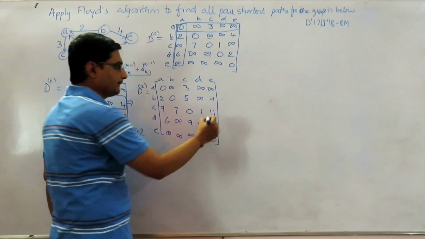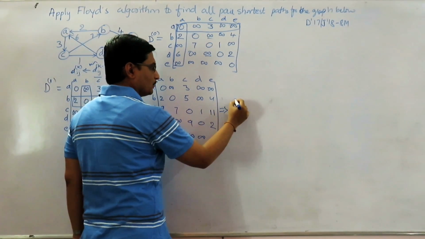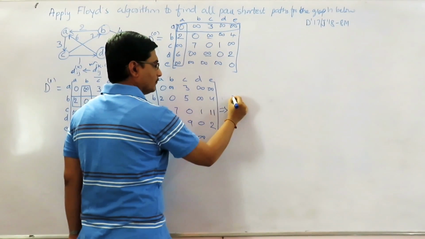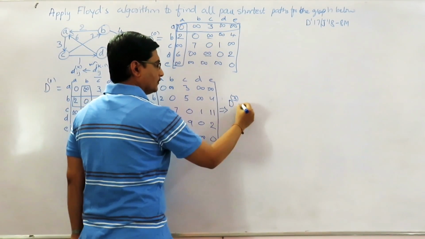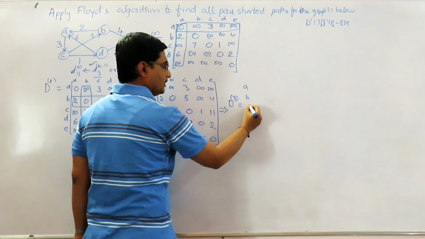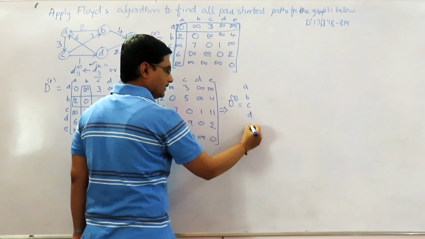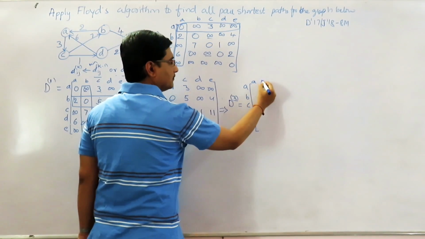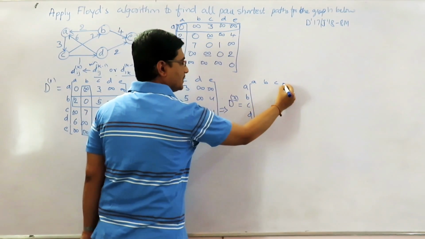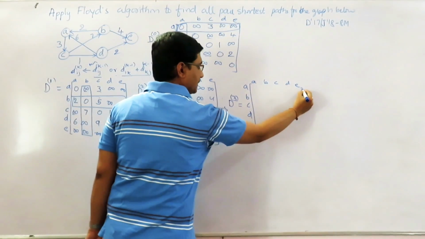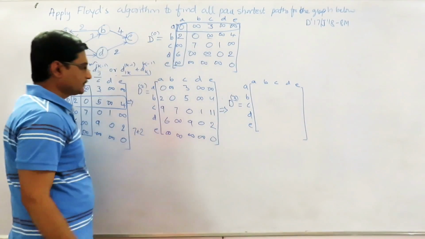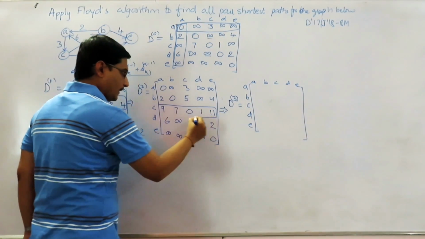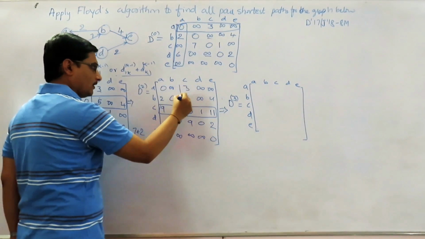Now we need to find D3 from D2. A, B, C, D and E. See, now we need to consider the third row and third column.